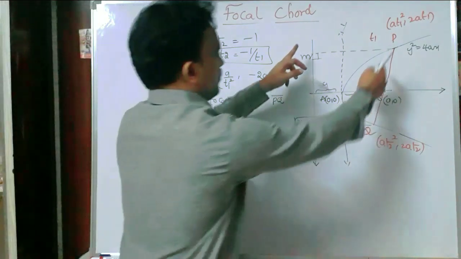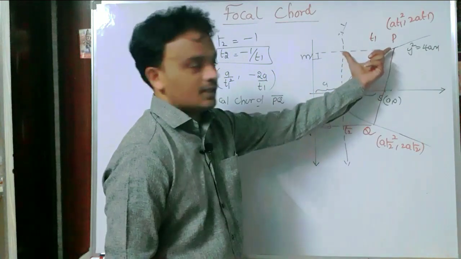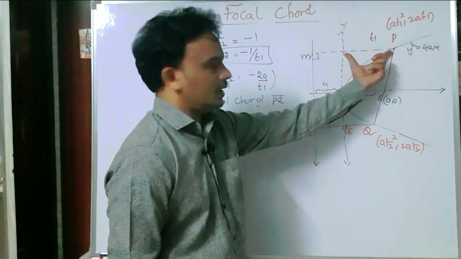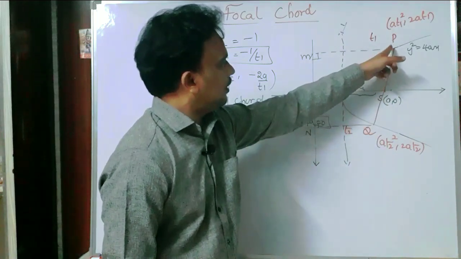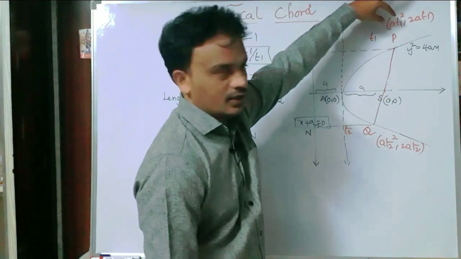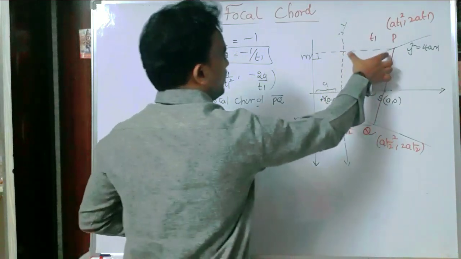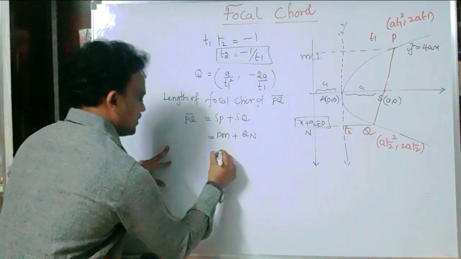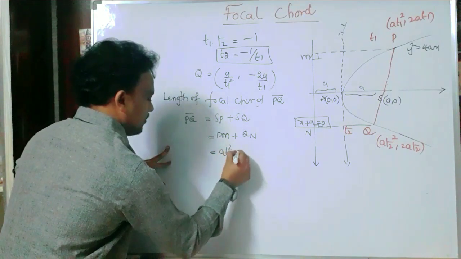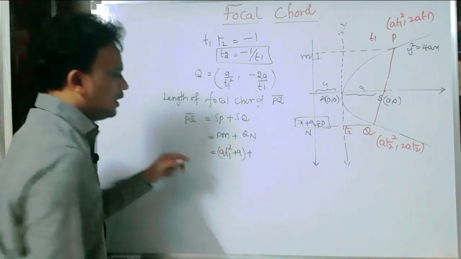So what is the length of this one? This length is already a. The distance from the y axis is the x coordinate, which is a T1 square, and its length is already a. So the PM length is a T1 square plus a, plus the QN length.